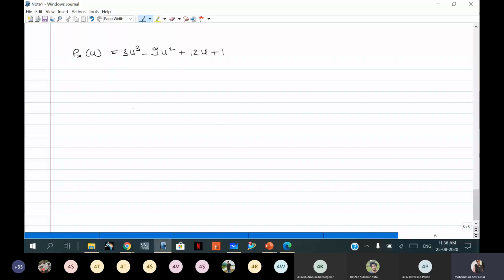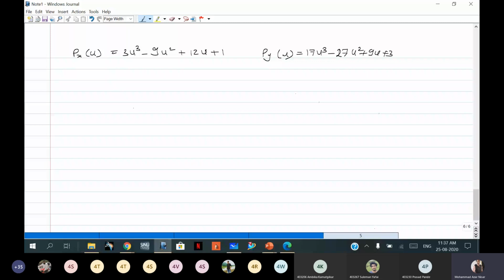Okay, so this is the equation for x, and the equation for y will be 17u cube minus 27u square plus 9u plus 3. Okay, then this will be the equation.